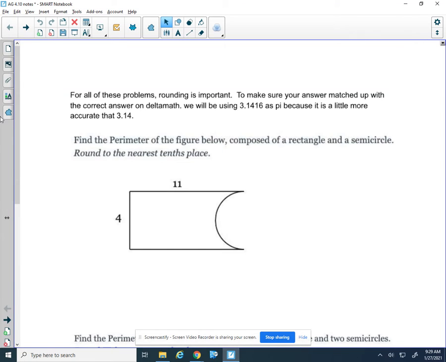So for this second part of our mixed figures, we're going to be doing both perimeter and area in two different sections. And everything is going to have a shape where there's a base rectangle. And there's either going to be 1/2 circle added on or 2 half circles added on, like this.